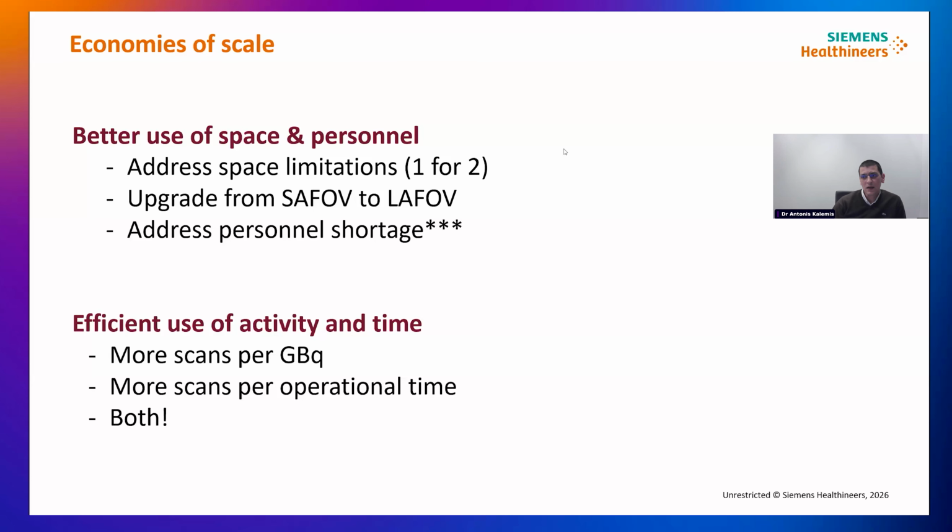There are sites that have decided to go for this kind of system in order to address even space limitations, trying to reduce the number of PET-CT scanners from 2 to 1. And other sites upgraded from standard axial field of view systems, which is obviously the case for the majority of the sites that I'm familiar with, into large axial field of view.